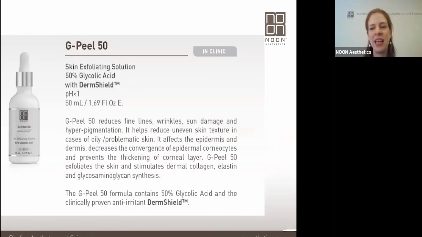First of all, every treatment in the clinic, we start, of course, with washing our face with the Cosmo Clear or the Sea Cleanser. Afterwards, we put on the prep-peel, and we can apply the G-Peel for 3 minutes.